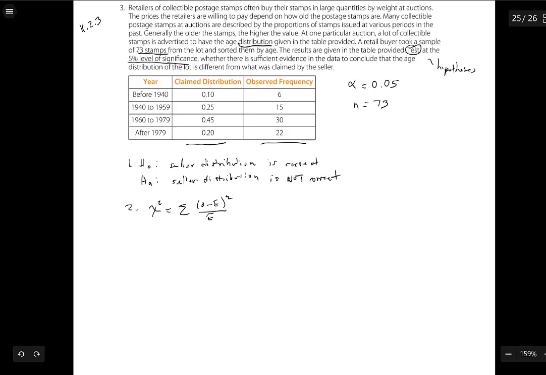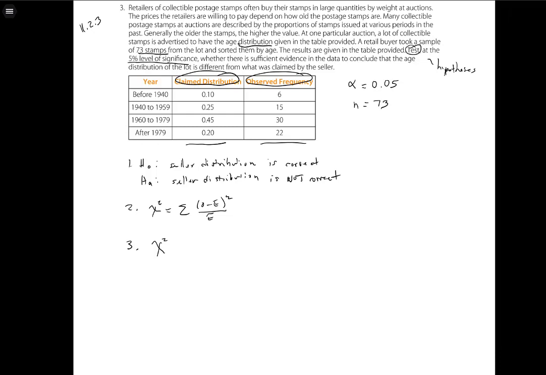Up here we have the claim distribution and our observations. My first thought was that this looks like a great thing to dump into Excel, because a spreadsheet is a good way to calculate the whole chi-squared value. So let's jump over to Excel and look at what I did to put this in.